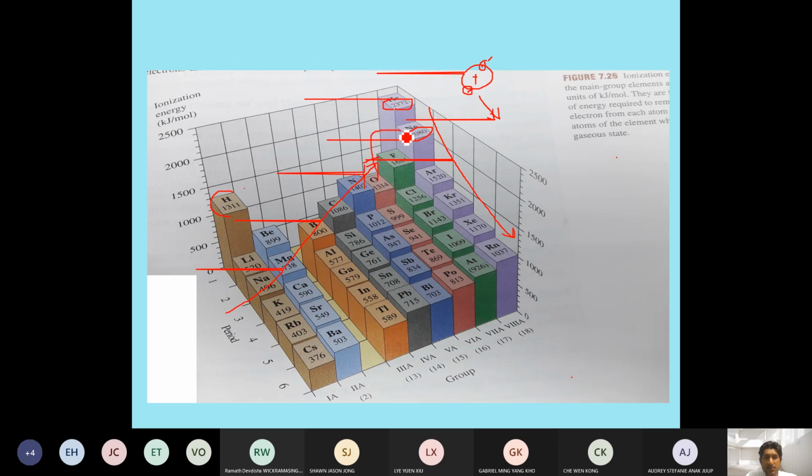It will jump to the neon structure, right? So that is why oxygen is at least okay to give 1 electron, so that it is what do you call it? Ionization energy.